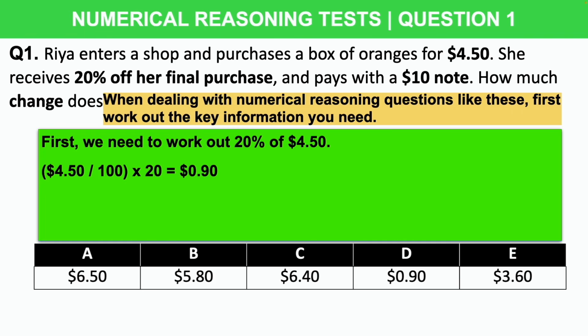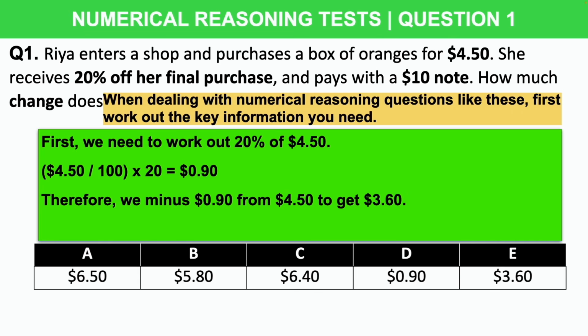This would give us 90 cents. The reason we divide $4.50 by 100 is because we're trying to work out a percentage, and percentages are out of 100%. So we divide that $4.50 by 100 and then we times it by 20 to get 20% of $4.50, which is 90 cents.